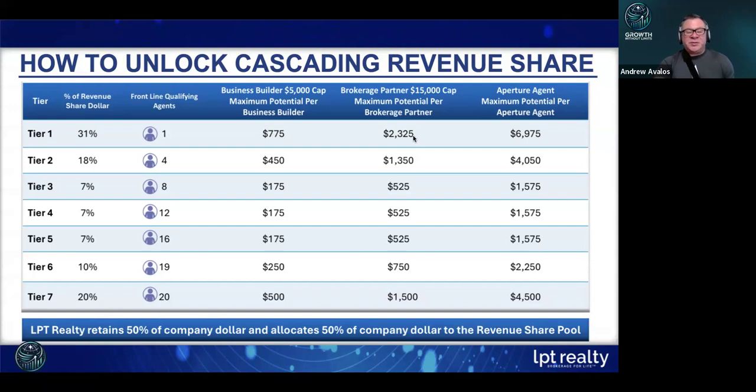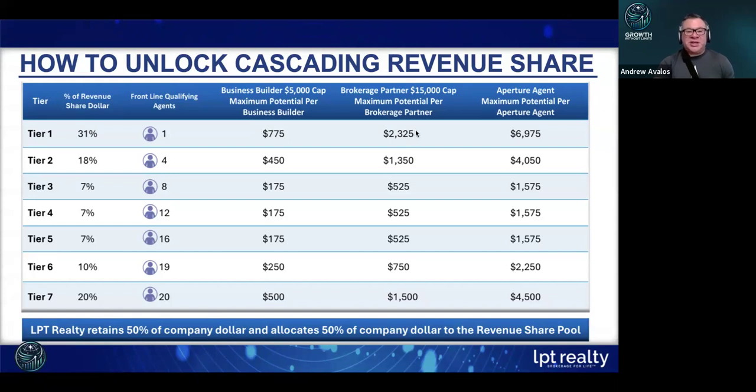And there's no limit. You can have, as ambitious as you are, as many as you want to go out and communicate with agents. You can have as many of these on your front line as you can go out and generate, by how much effort you're going to put into the revenue share program.